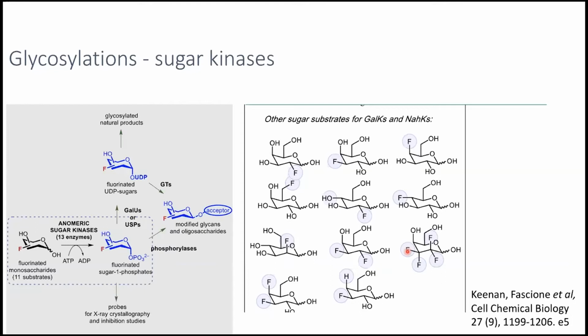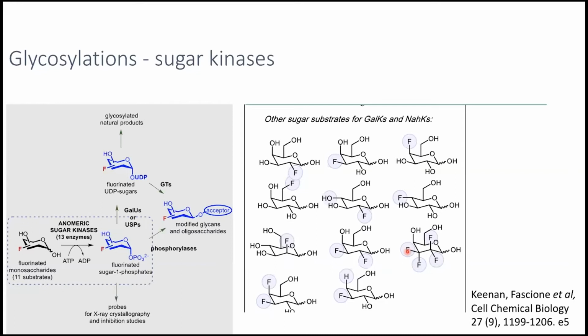And you can see actually these enzymes are remarkably tolerant for these fluorine substitutions. So all of the structures I show here on the right can be phosphorylated with one of these 13 enzymes.